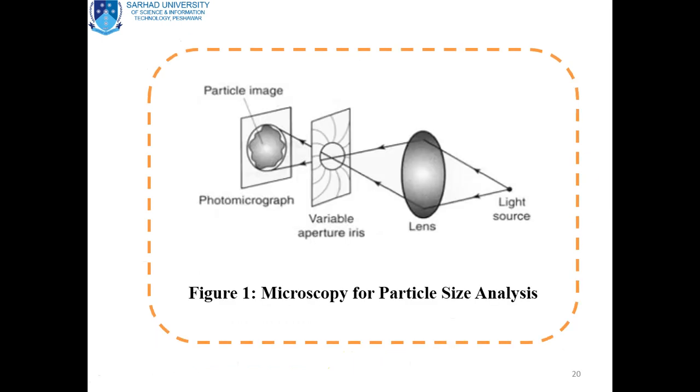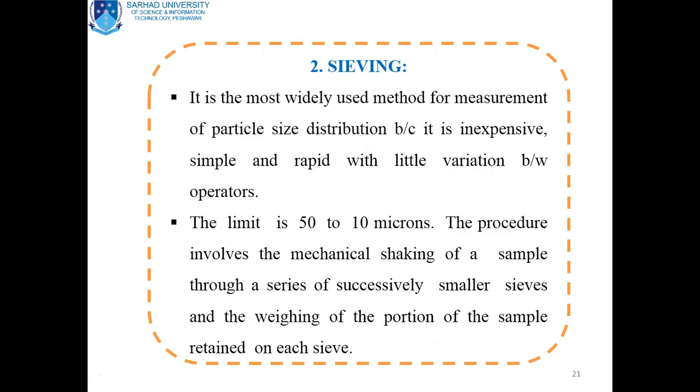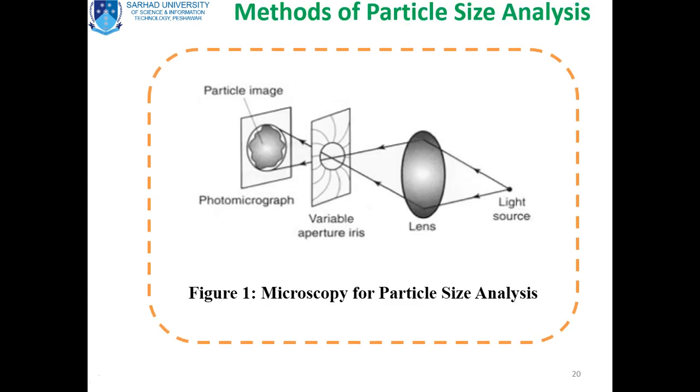This is one of the microscopy diagrams for particle size analysis. Then the particle image, the lens, the variable aperture width and the light source that is applied, and the photomicrograph is shown of that particular particle for which the particle size analysis is to be done.